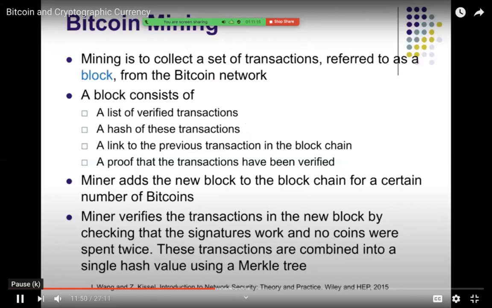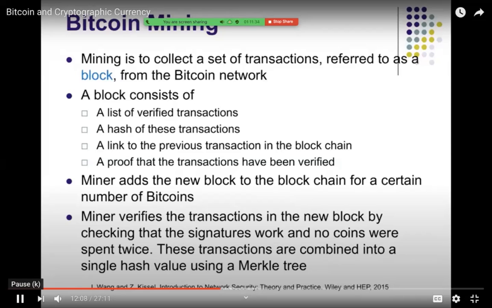Which means that you collect a block, and then you add the block to the blockchain. If it is successful, you will be awarded a certain amount of Bitcoins. So that's how you make Bitcoins.